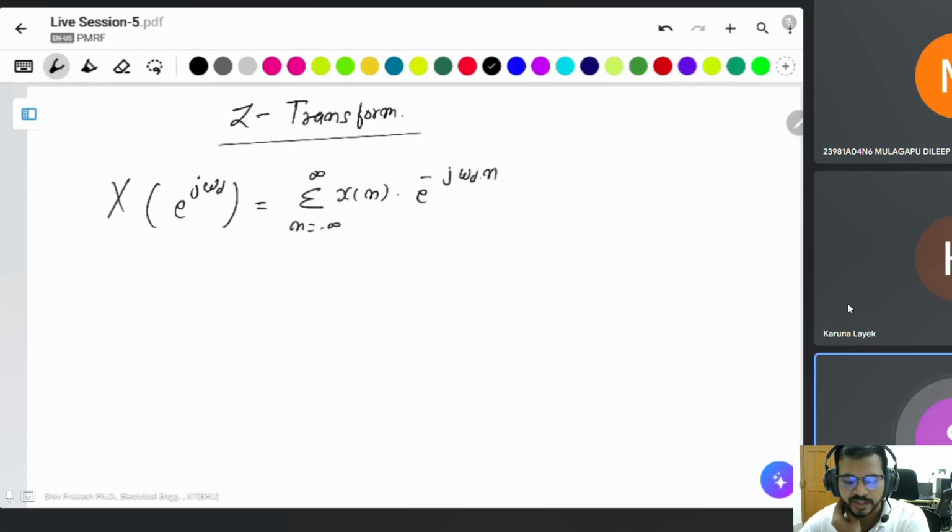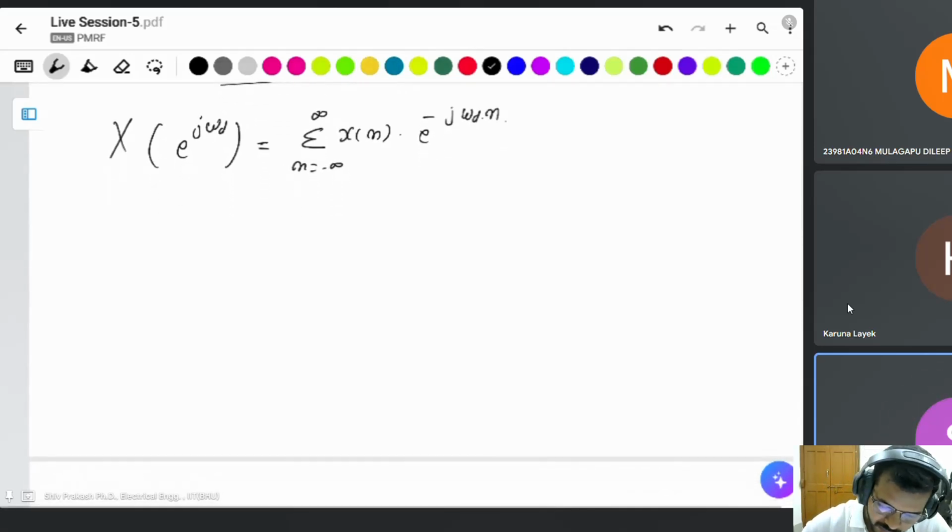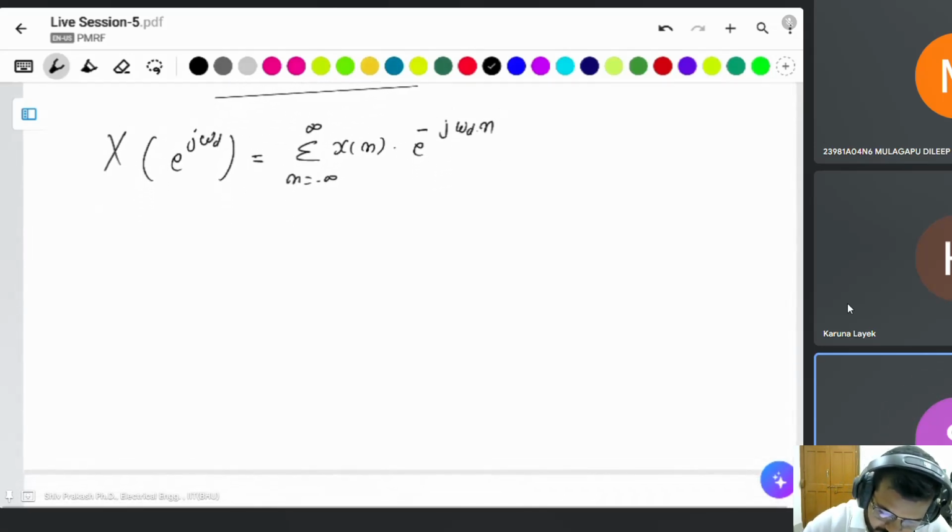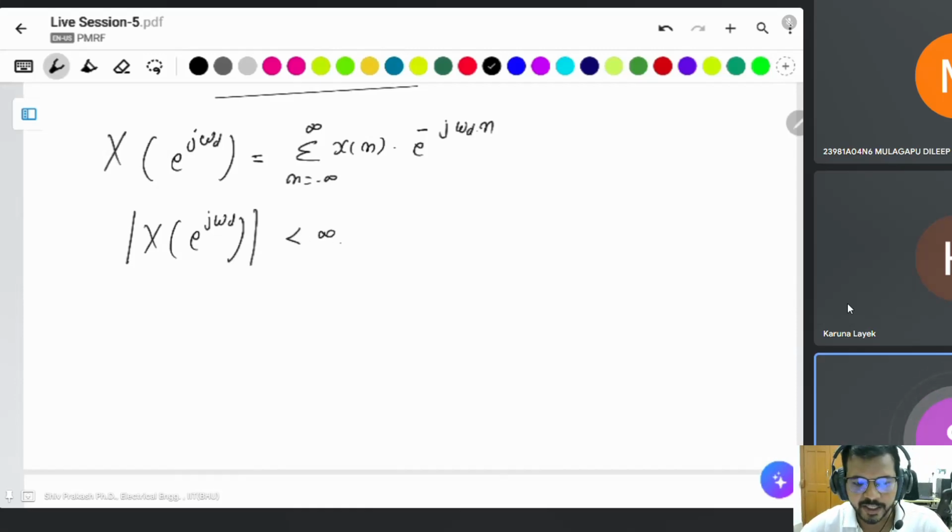This is the conversion for discrete time, to find the Z transform. But there is another condition, the same as in Laplace. The magnitude of X(e power j omega d) should be less than infinity. It means this will be a bounded system only.